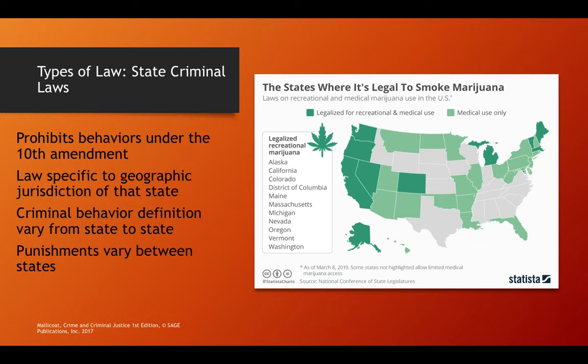Also, punishments vary by state. In one state, one crime might have X amount of months in prison, right? Like let's say 24 months for X crime. That's 2 years. Whereas in other states, that might give you a year and a half. Some states allow the death penalty, while others do not.